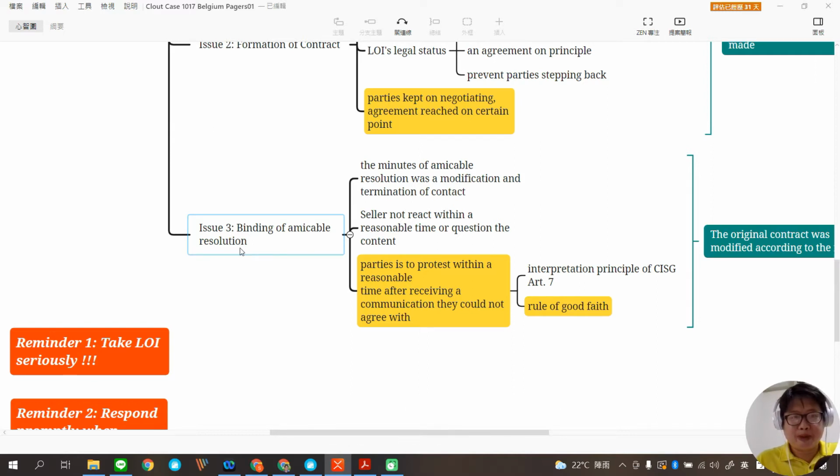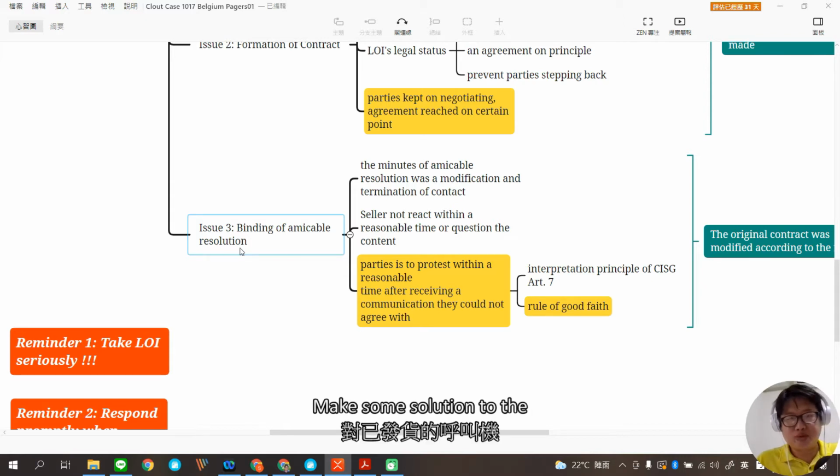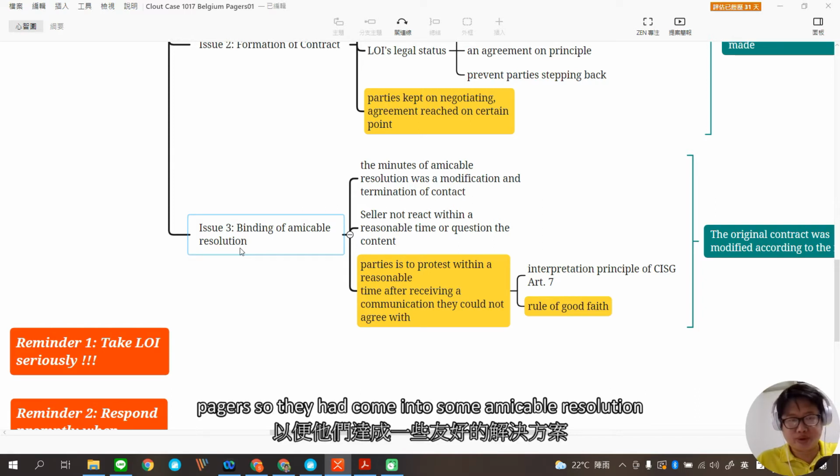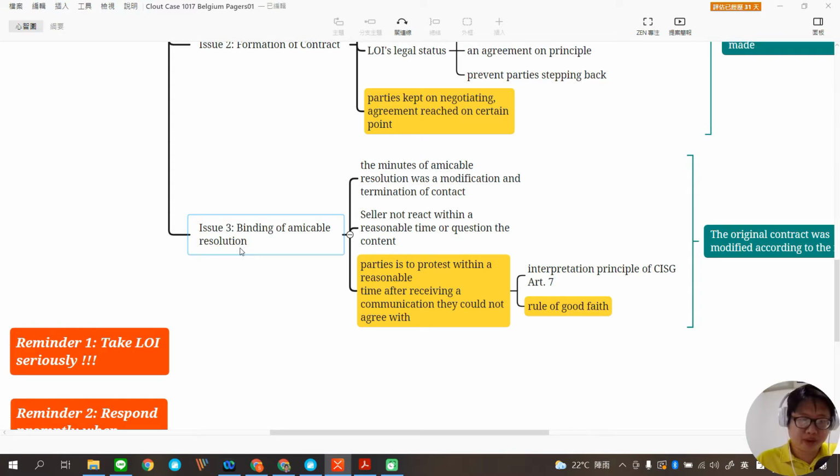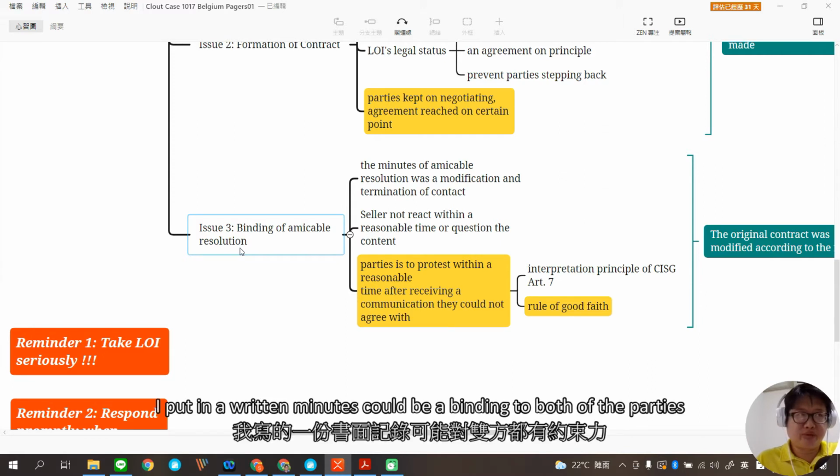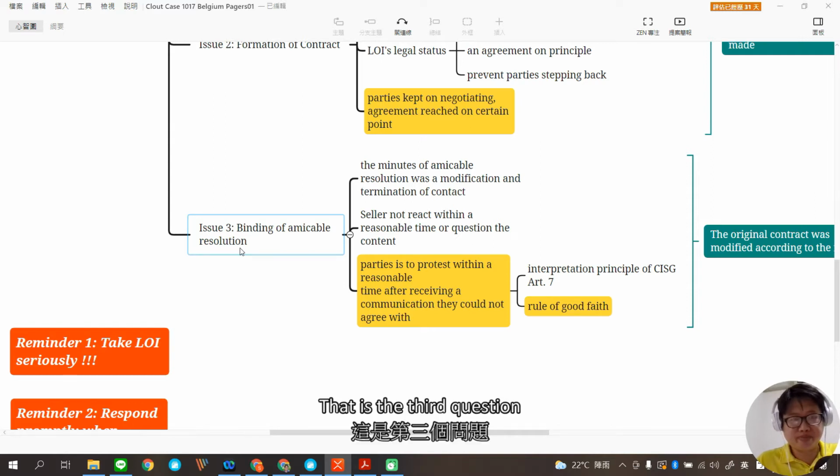The parties decided to find some solutions for the unpurchased, unshipped pages, so they came to an amicable resolution. And could that kind of resolution, put in written minutes, be binding on both of the parties? That is the third question.